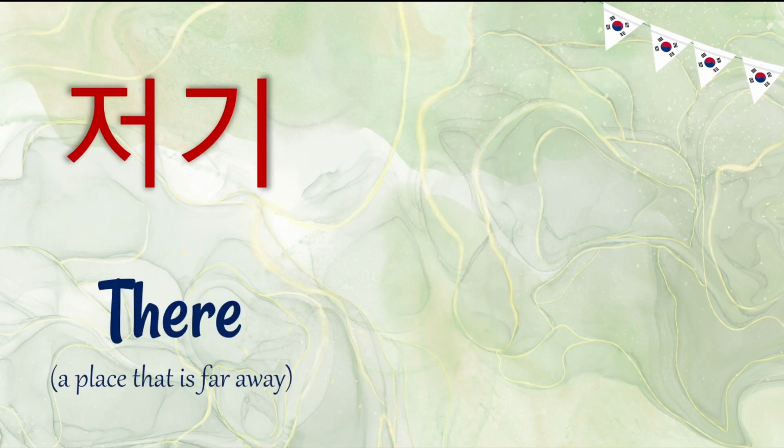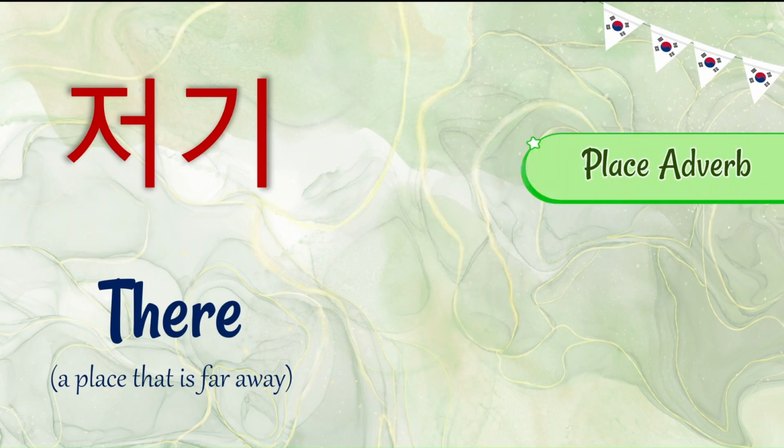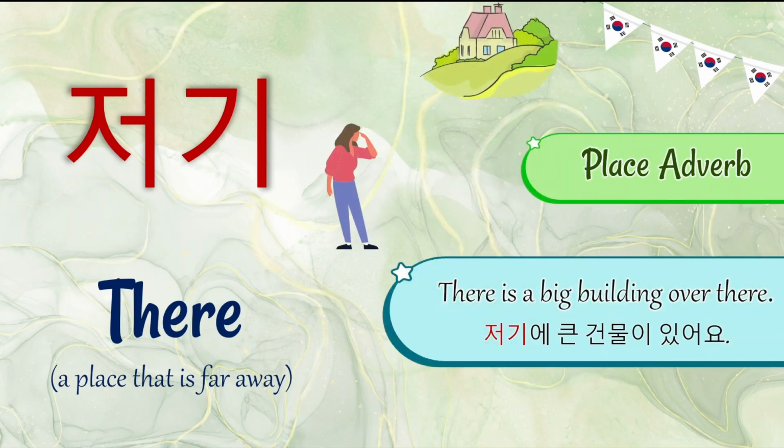저기. Now this also means there, but it is used to refer to a place that is far away. You say over there, or there somewhere far away, then you use the adverb 저기 in that case. And again, obviously, it is a place adverb. Now let's look at this example.